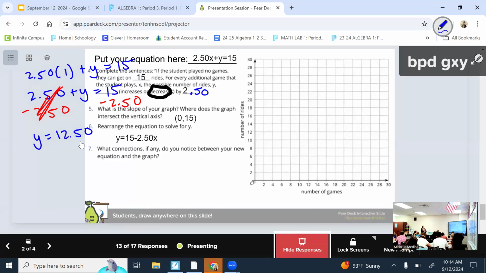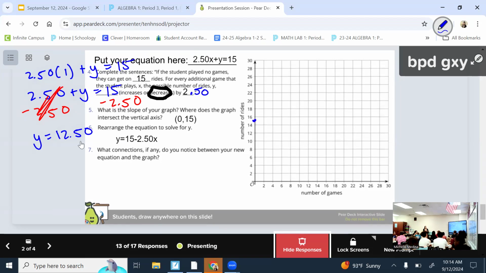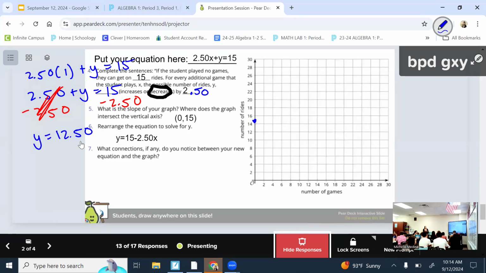You should be able to see it with your graph too, but unless it's a perfectly straight line, it might be hard to. Okay. For this one, remind me what the y-intercept was. We did that in the last one. Was it 15? And then what was the x-intercept?